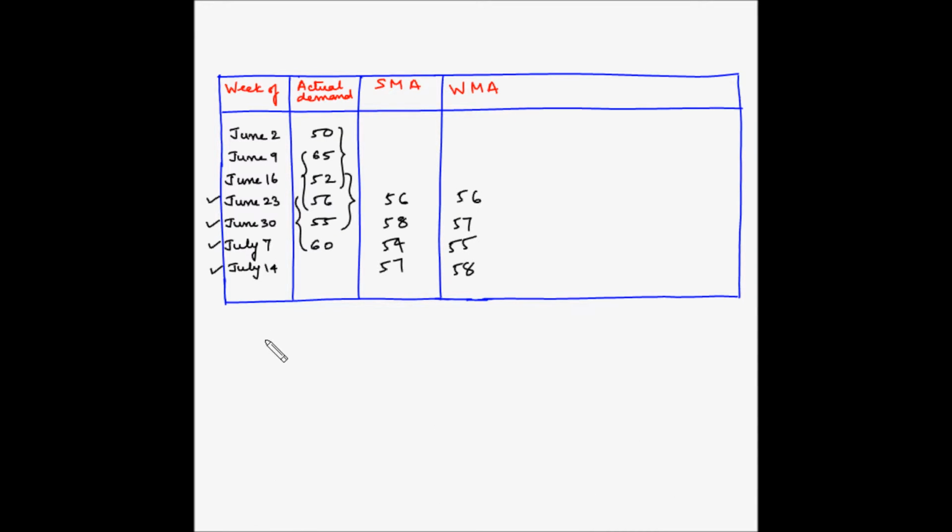Now what is mean absolute deviation? As the name suggests, first we have to take the deviation, which is actual demand for period T minus the forecast for period T. Then we have to take the absolute value of this, and if we have multiple observations, we of course have to take a sum where T is equal to 1 to n, and then we have to take the mean, so divided by n.